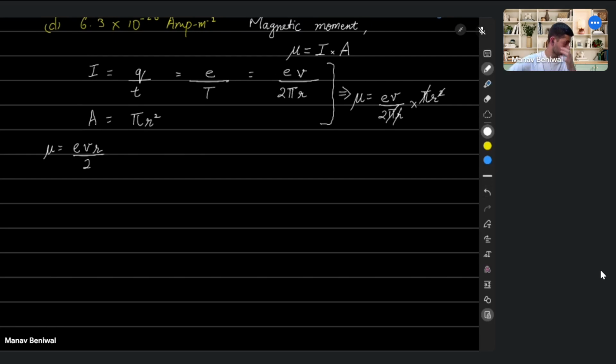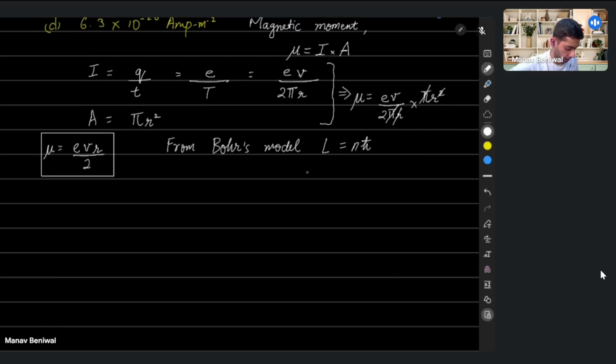Now note one thing, from Bohr's model we know that angular momentum L is n h cut, or we can write m v r is n h cut or n h over 2 pi. Now note that we have this m v r, velocity multiplied by radius, here and also here.